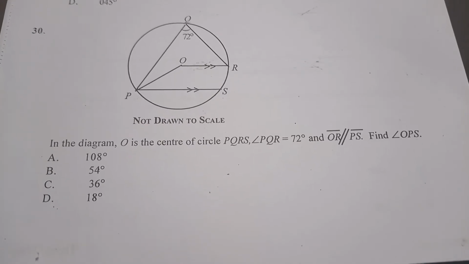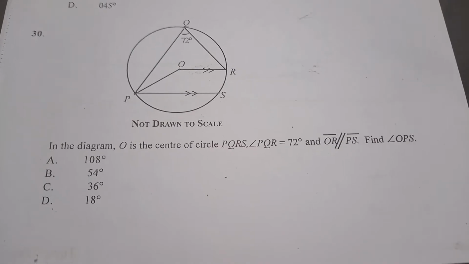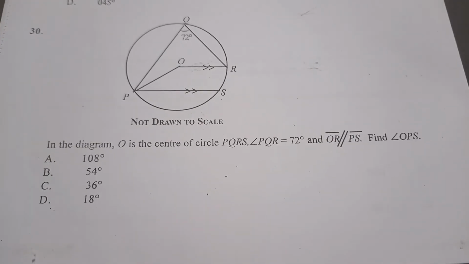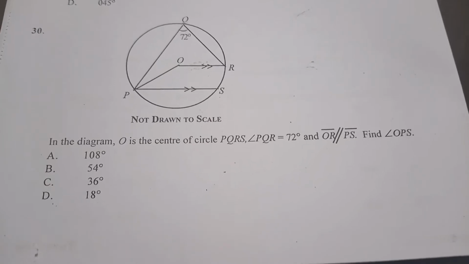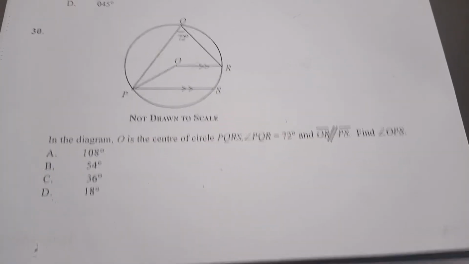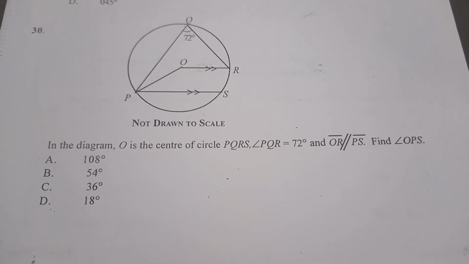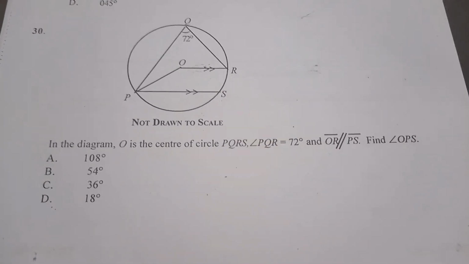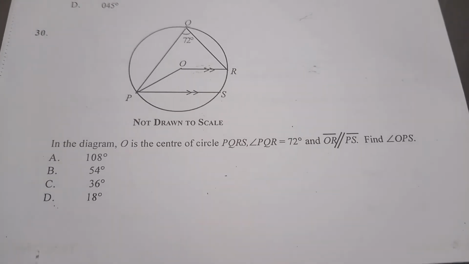Find angle OPS. Good. So this question directly makes use of theory 1, which is just my video before this one, and we are going to apply that to solve our question.